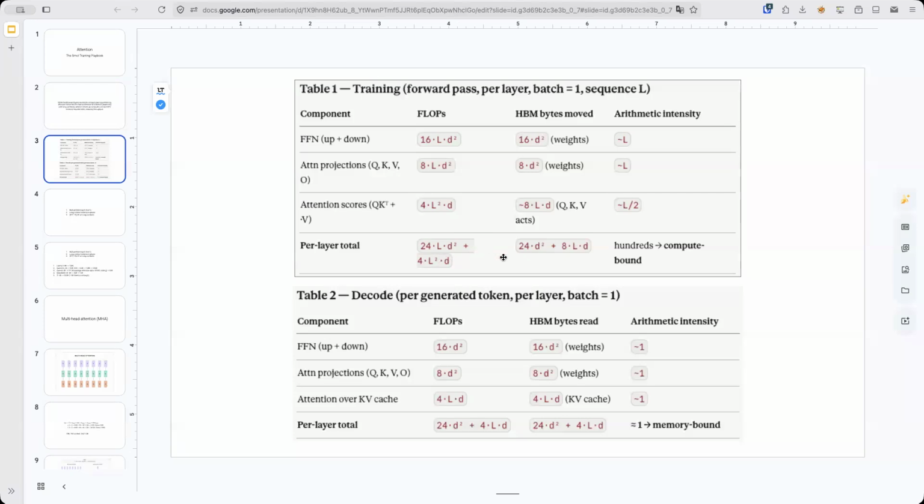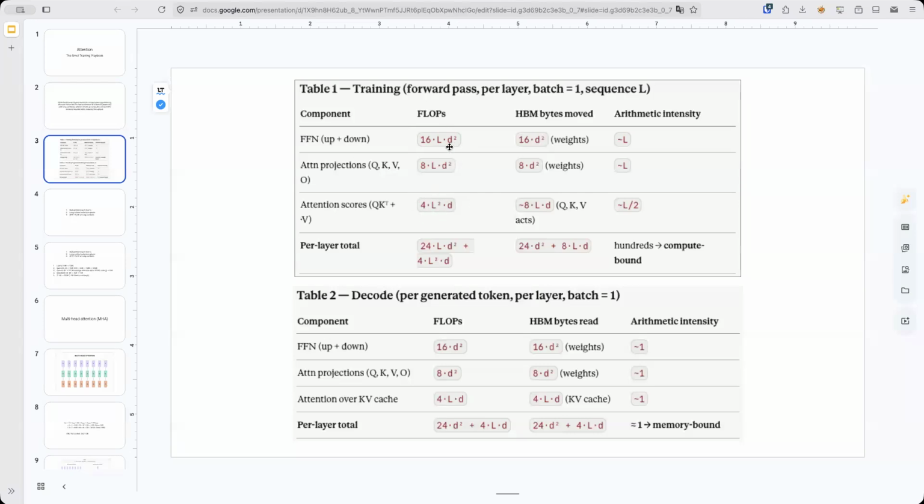So during training we have a compute-bound process overall, but specifically for feed forward layers and attention scores, if our L is sufficiently small, and during training it is going to be most of the time sufficiently small, we can claim that FFN with the constant and with d squared is going to dominate the compute over the attention score.